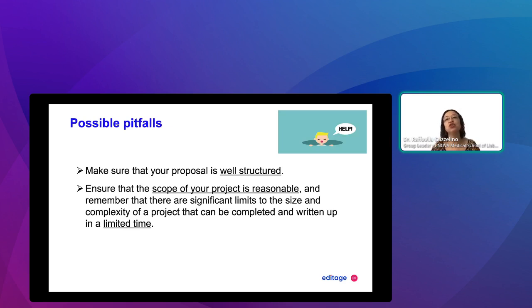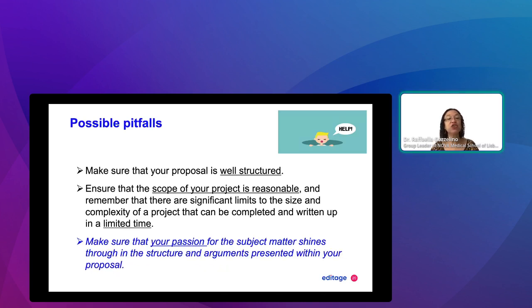Another thing is to be part of a clinical trial, which takes much longer. So you cannot, of course, propose that as a PhD project, okay? Because you will never finish analyzing data in the time frame of a PhD.